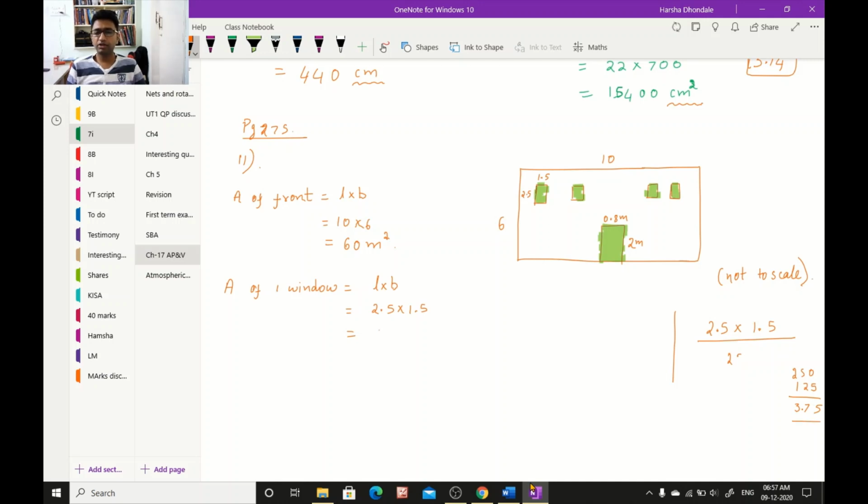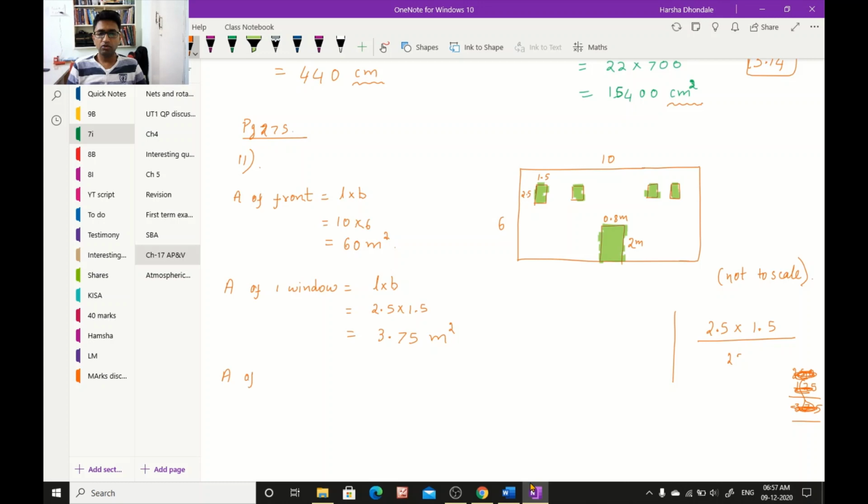So the answer will actually be 3.75 meter square. You do this multiplication, you will actually get 3.75 meter square. And then area of one window is this much.